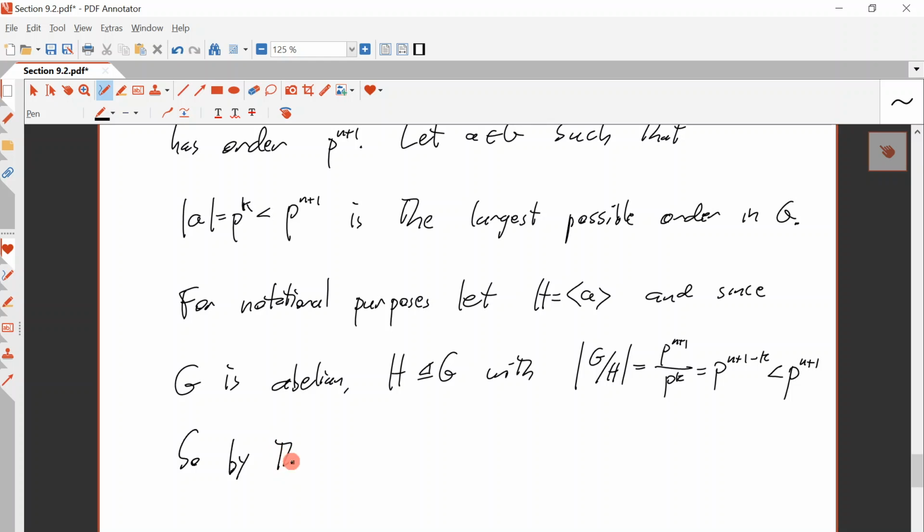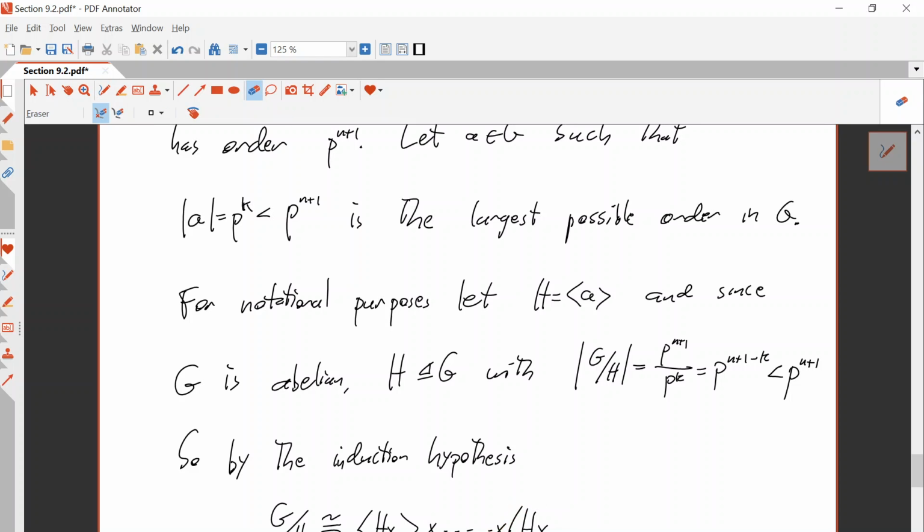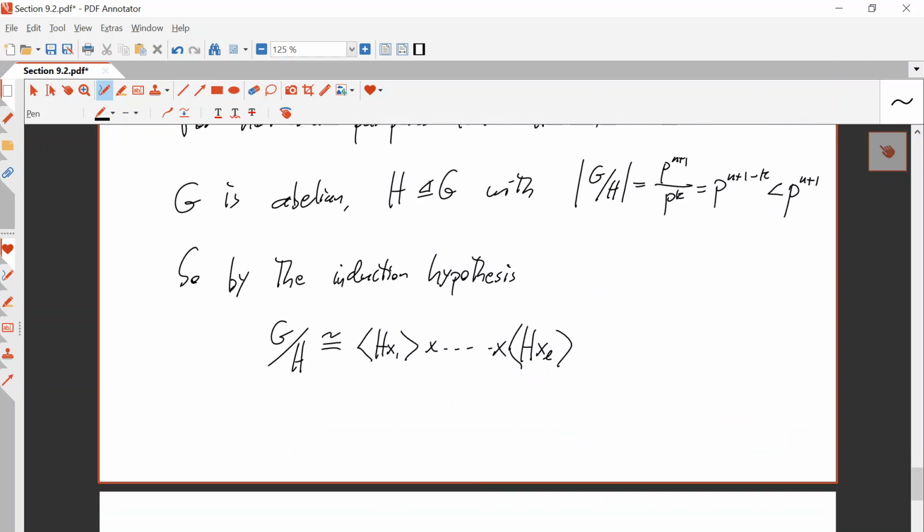So by the induction hypothesis, G mod H is isomorphic to a direct sum of cyclic subgroups generated by the cosets HX1 through HXL. The elements of G mod H are cosets, so we're talking about cyclic subgroups of G mod H, which are generated by cosets.